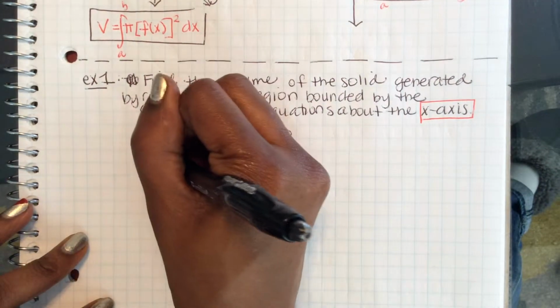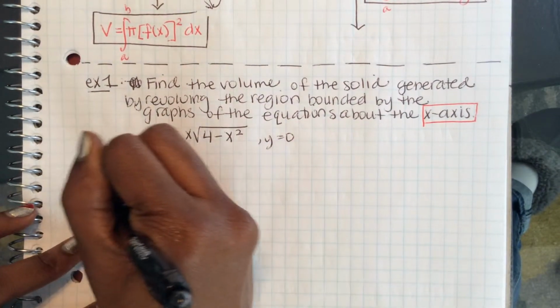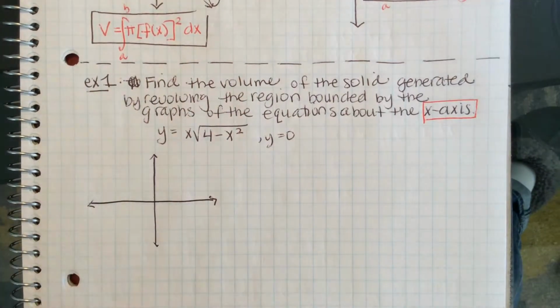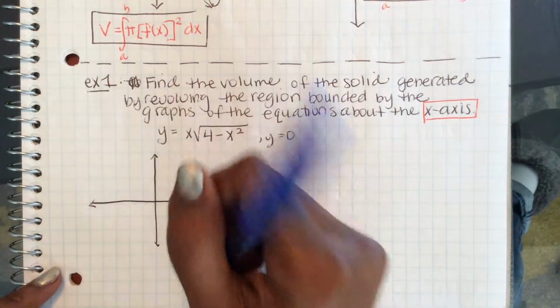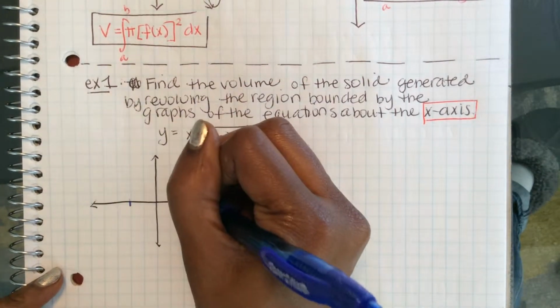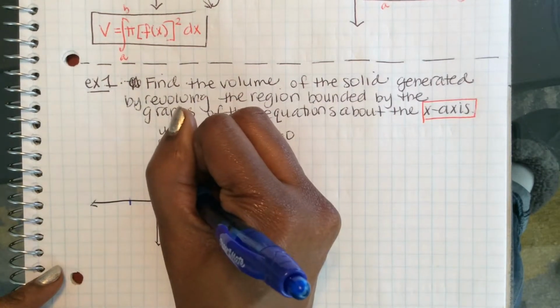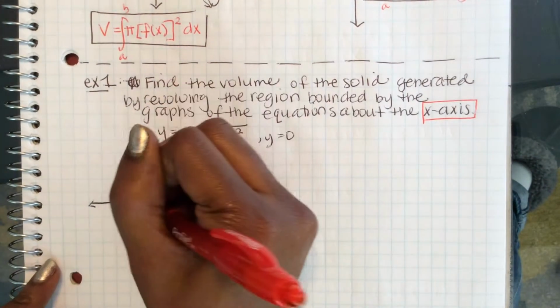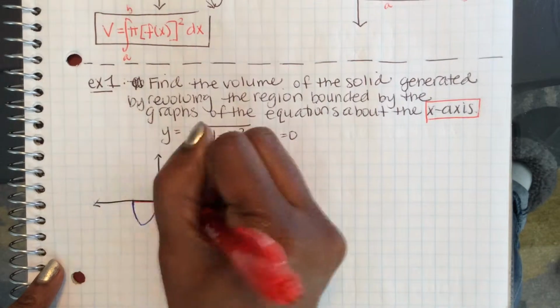So here's my shape, my axis here, and here is my first curve like this. And my second curve is y equals 0.